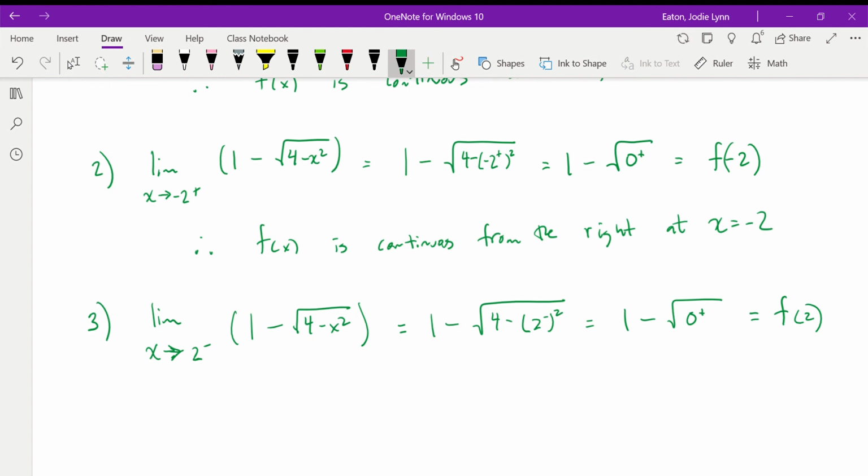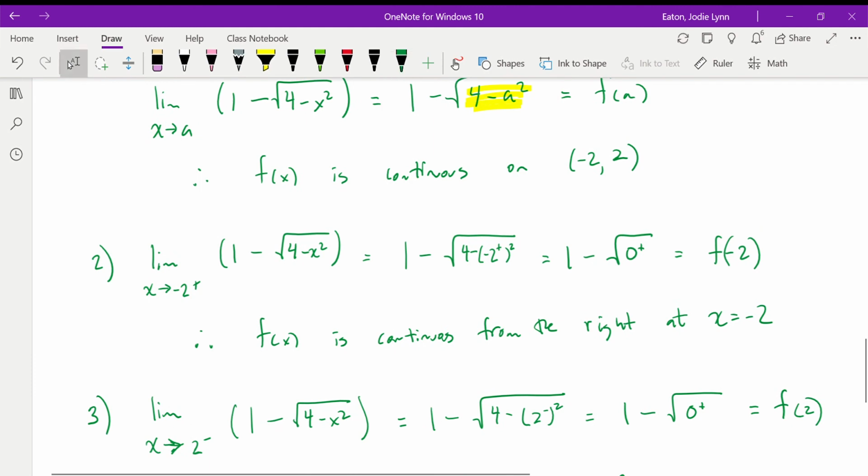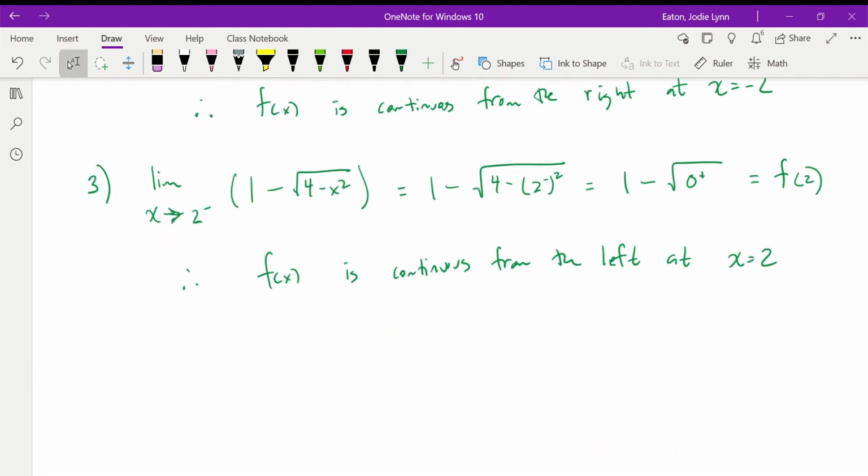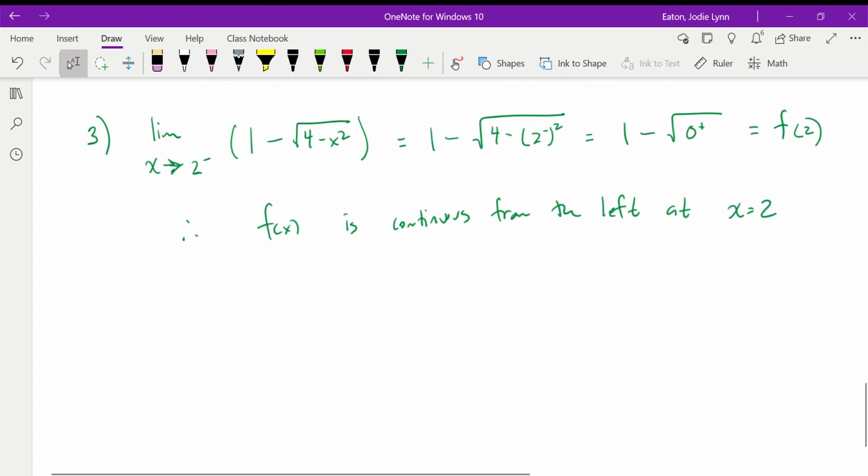Okay, so because of this, f of x is continuous from the left at x equals 2. And because of all three things, we're continuous on the open interval, we're continuous from the right on the left-hand endpoint, and we're continuous from the left on the right-hand endpoint.